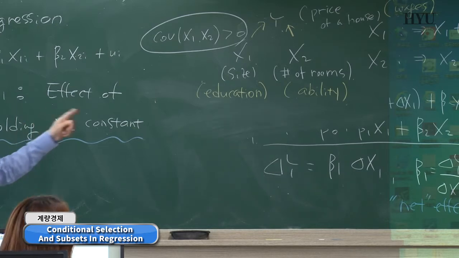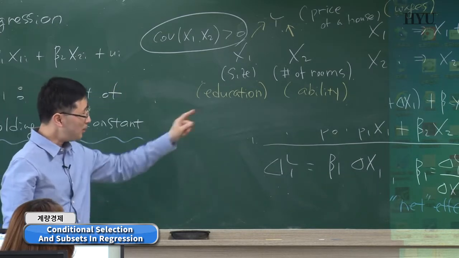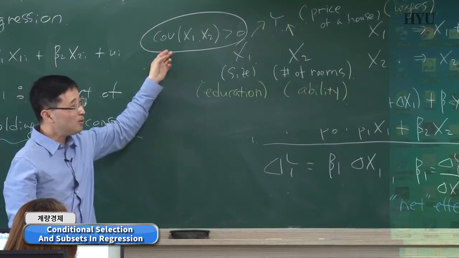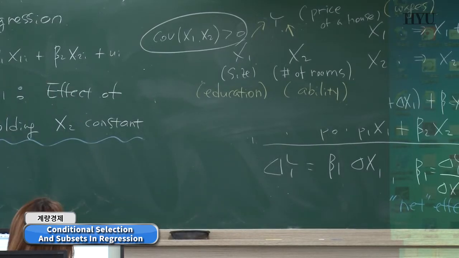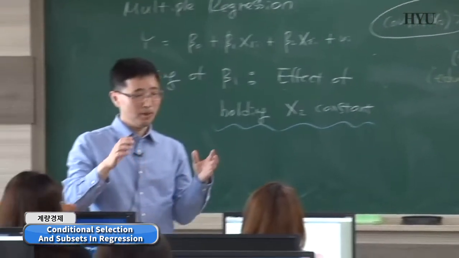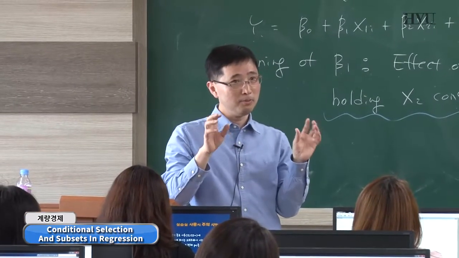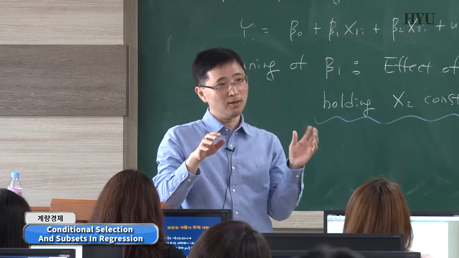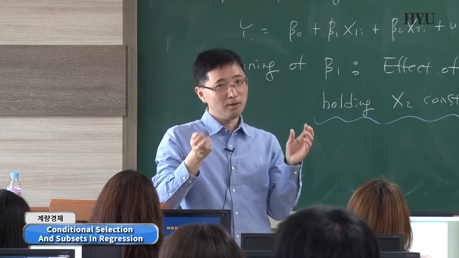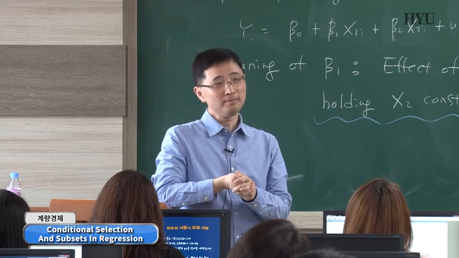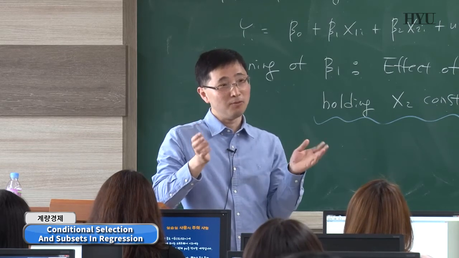Now we know that education affects wages, ability affects wages, but they're also very much correlated, right? So if you're not careful, maybe you can just collect two groups of people. One is less educated, the other is more educated. And if you just compare their wages, it actually does not tell you anything about the effect of education.